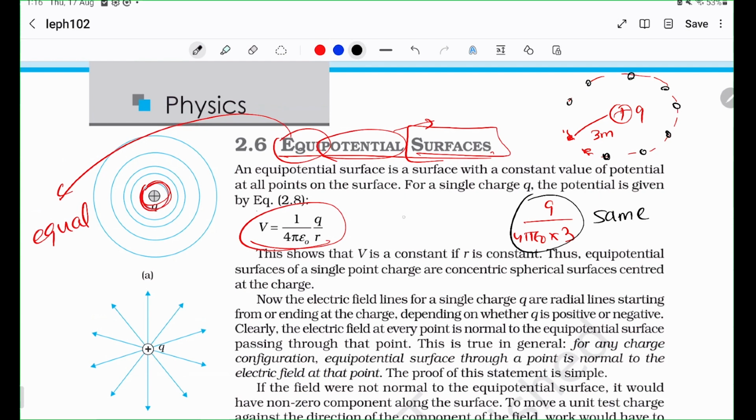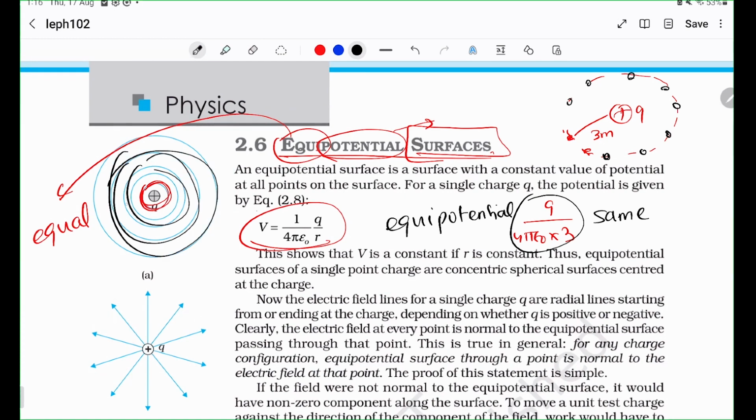Therefore, they're called equipotential because it's the same potential. Okay, that's all it means. So all of these spheres are equipotential surfaces because all points on each have the same potential. Obviously, these two don't have the same potential, and these two definitely don't have the same potentials. But whatever potential this has, maybe plus 3, it's plus 3 here, it's plus 3 here, and it's plus 3 here as well.